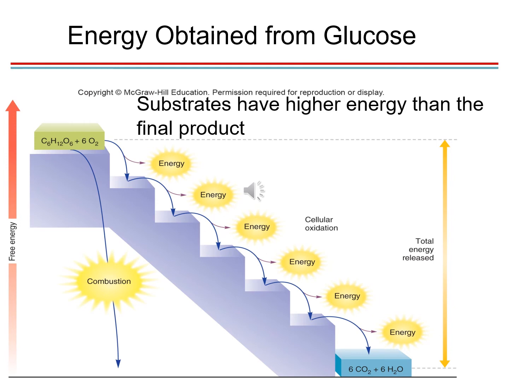Also, the substrates at the beginning have very low entropy, and the products at the bottom of the ladder have very high entropy. And this is an example of an exergonic reaction.